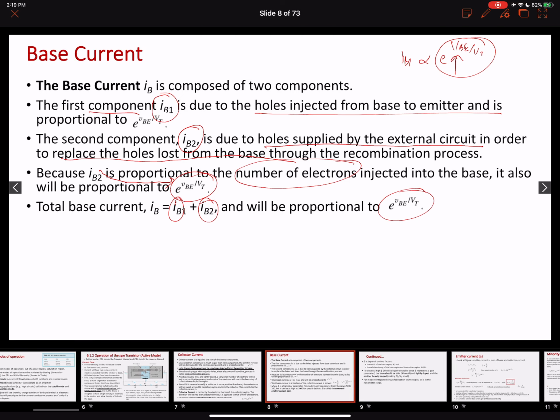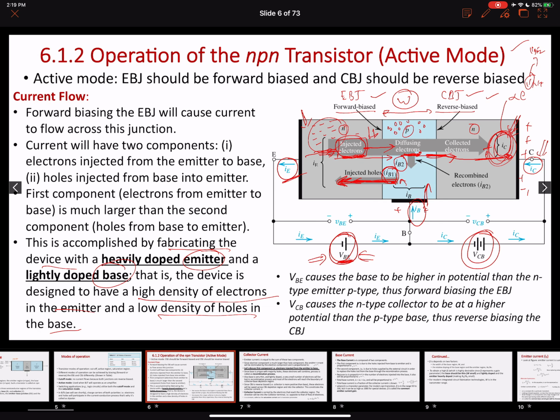Now, as we may realize by looking at this figure, the base current should be very small compared to the collector current. We have a huge number of electrons that were initially injected from the emitter to the base. Some of these electrons are lost in the base in recombination, and the rest constitute the collector current.